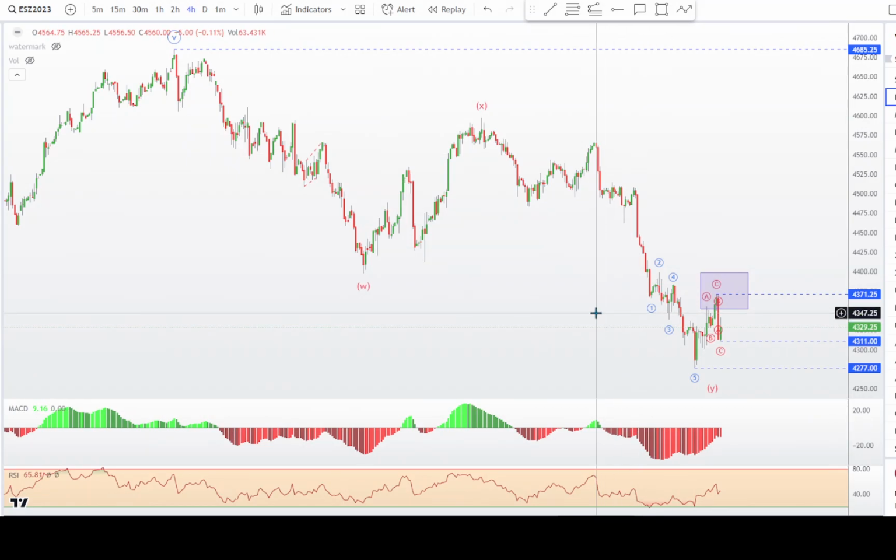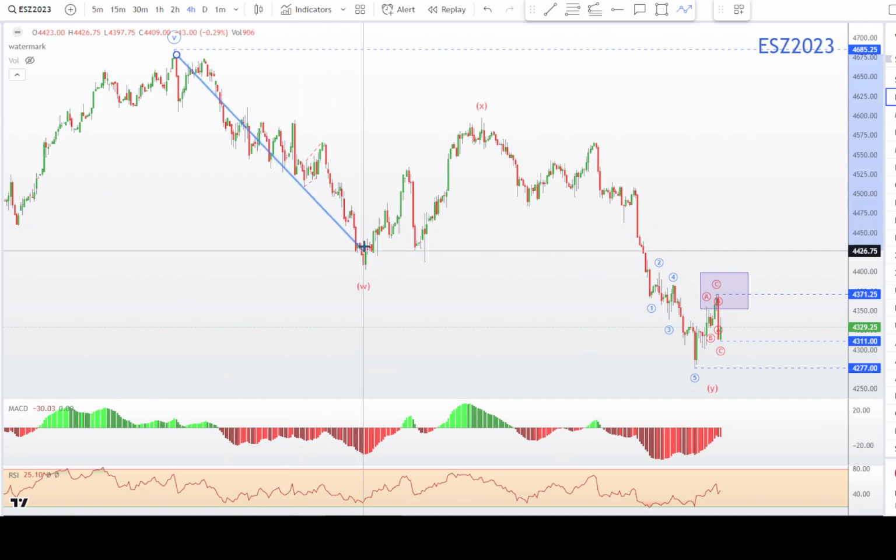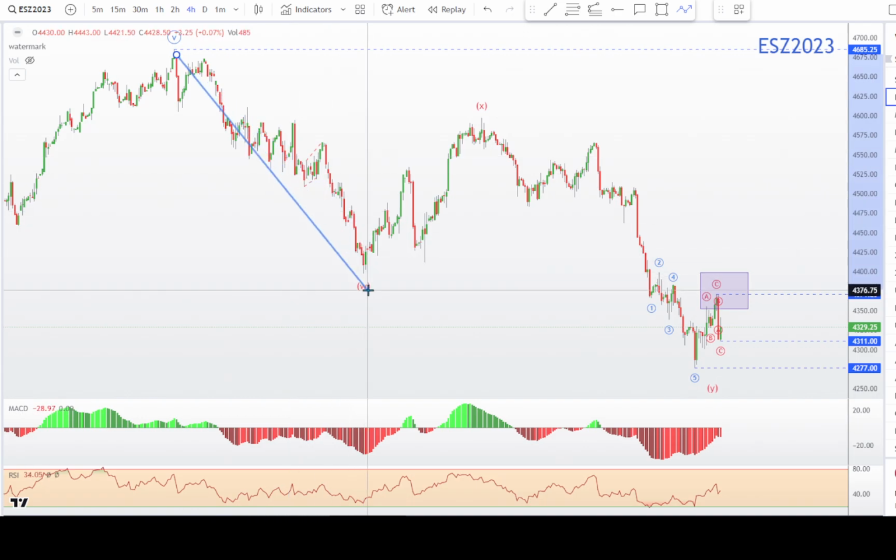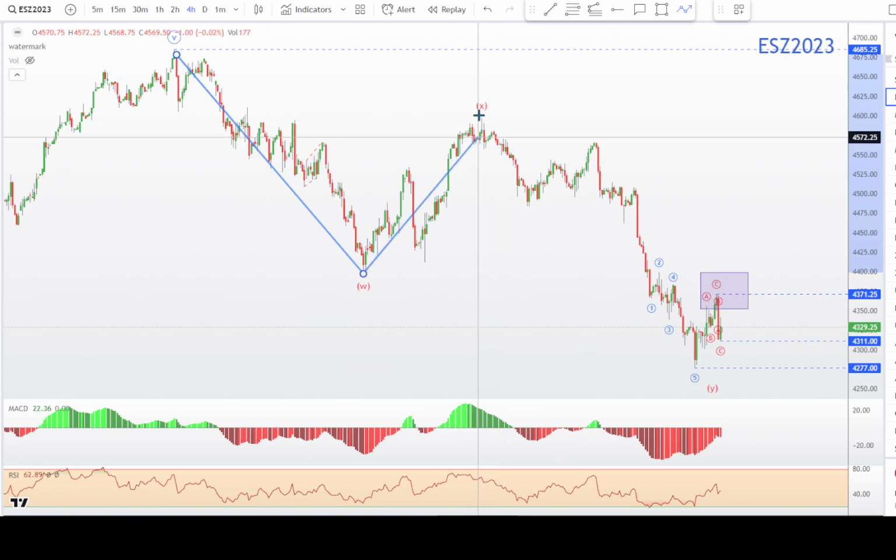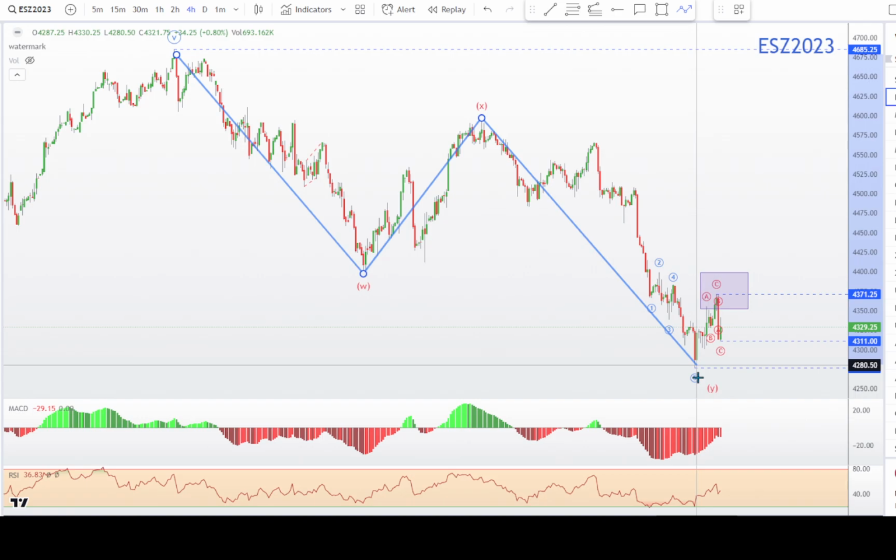Going to start with the S&P, and let me turn this on here. So, the futures contract. In my last video, I had this labeled different. I had this as a three-wave move for A. As you can see, I've changed that to W. We'll get into Y. So this is X, and now I see them completing the Y wave on Wednesday.